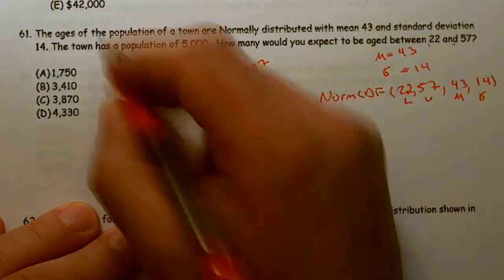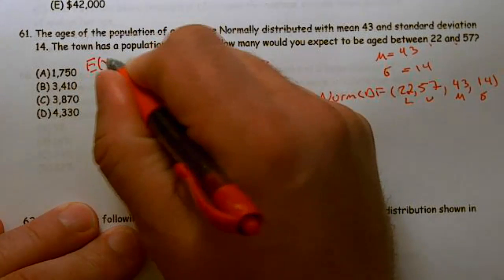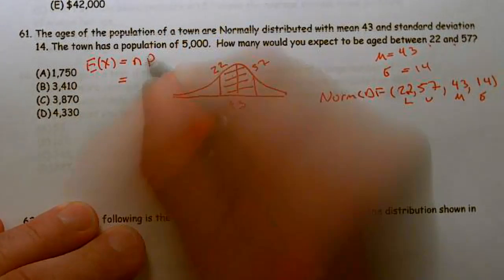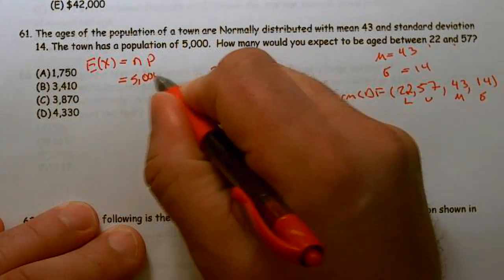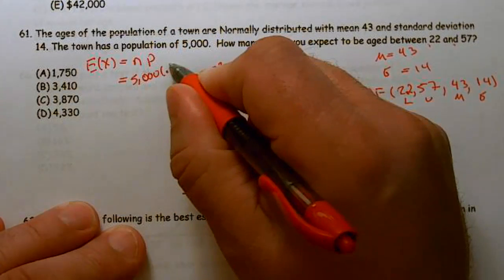So what I'm going to need to do is, expected value equals N times P. So in this case, 5,000 times that probability of 0.7745.